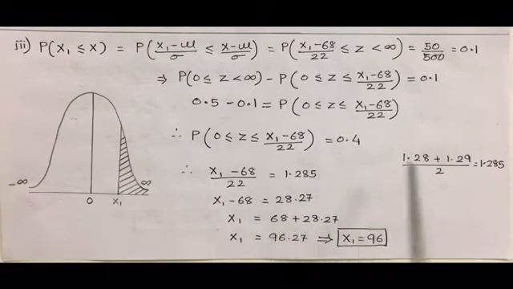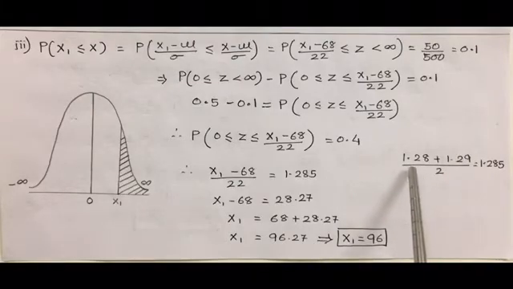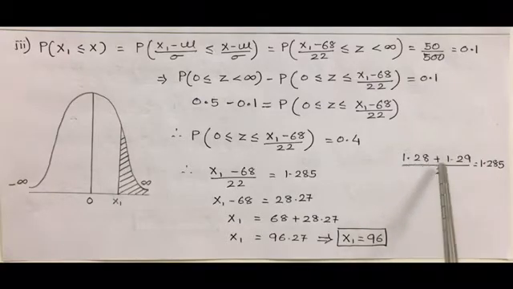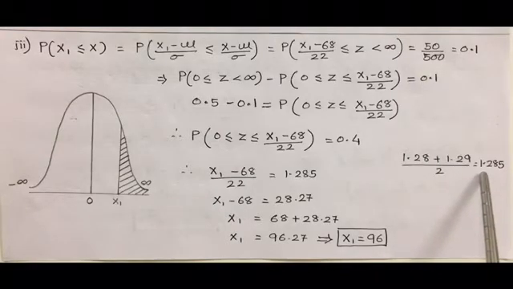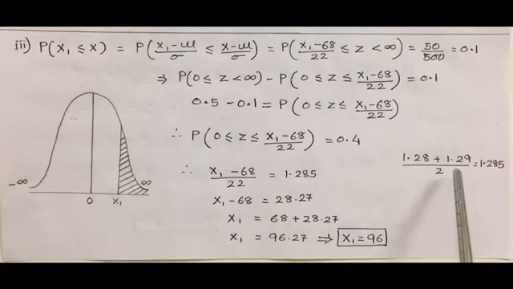and for this area taken from the table, the z value will be the average of 1.28 plus 1.29 divided by 2, that gives 1.285. This is taken from the normal table.